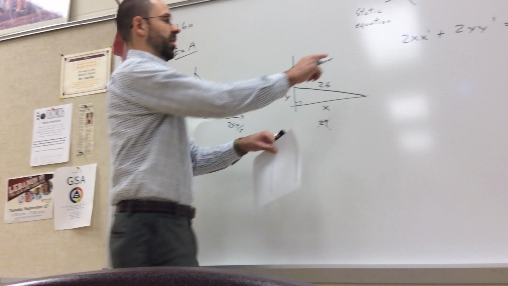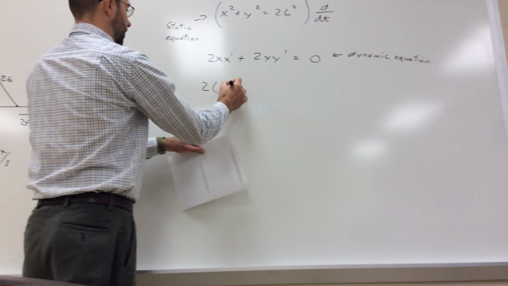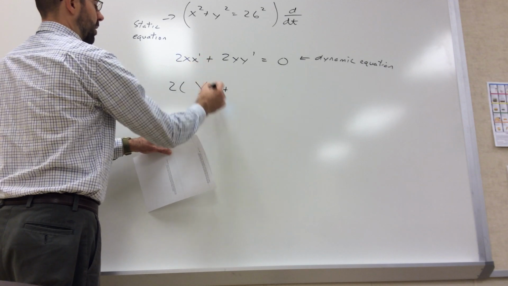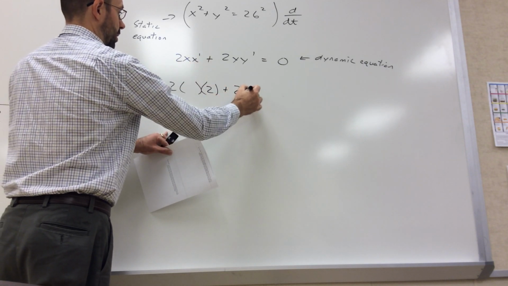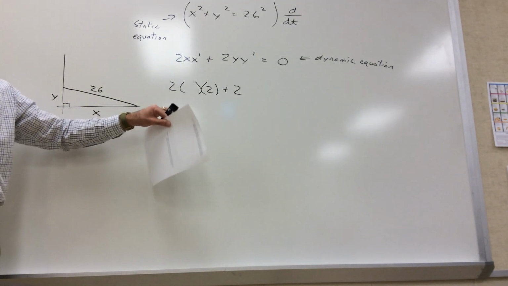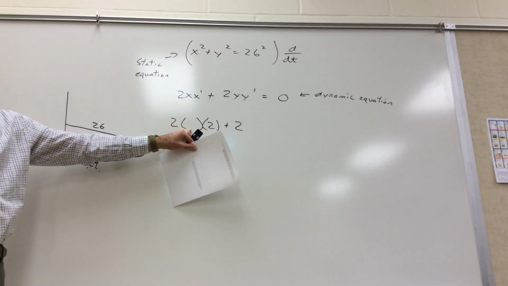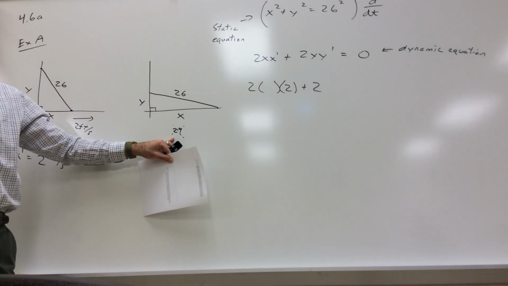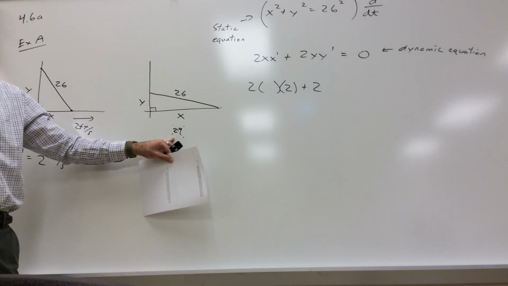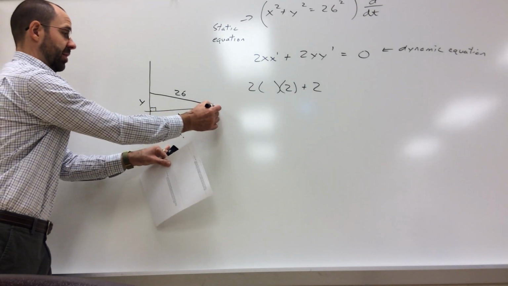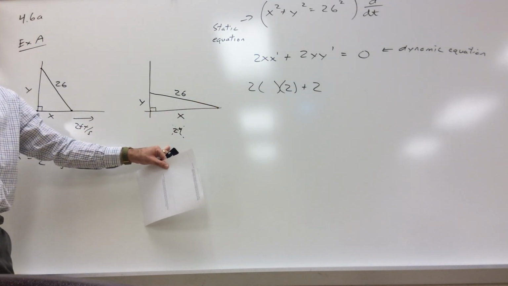So I can come over here and figure out, well, I don't know x yet, but I know x prime is 2. Well, actually, the problem did tell me x, right? The problem told me 24 for x. Because it said when the bottom of the ladder and the bottom of the wall is 24 feet away.